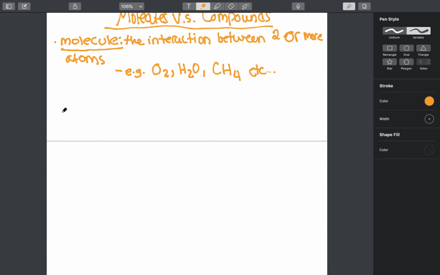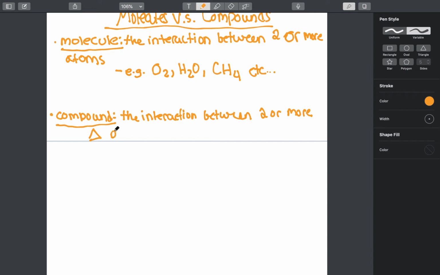Now, what is a compound? A compound can be thought of as a special version of a molecule. It's more specific, it's more exclusive. So a compound is the interaction between two or more different atoms, so this triangle means different.